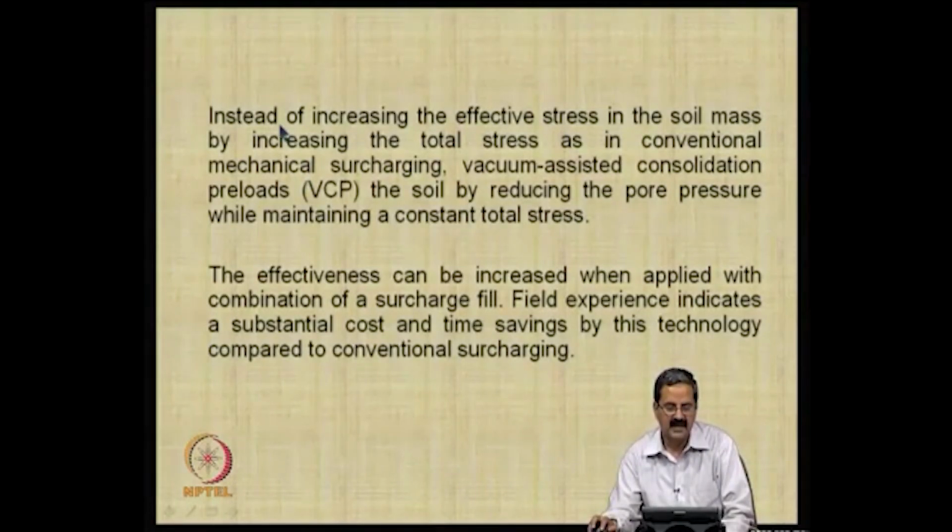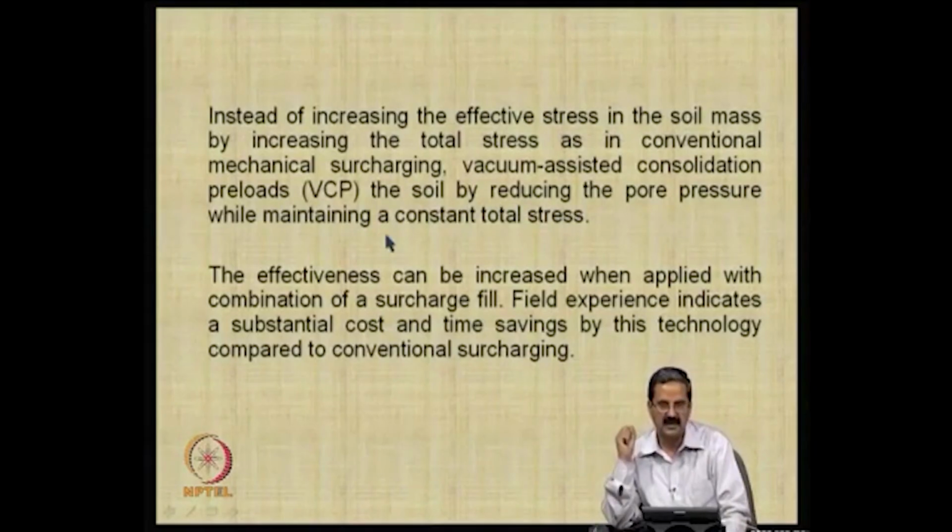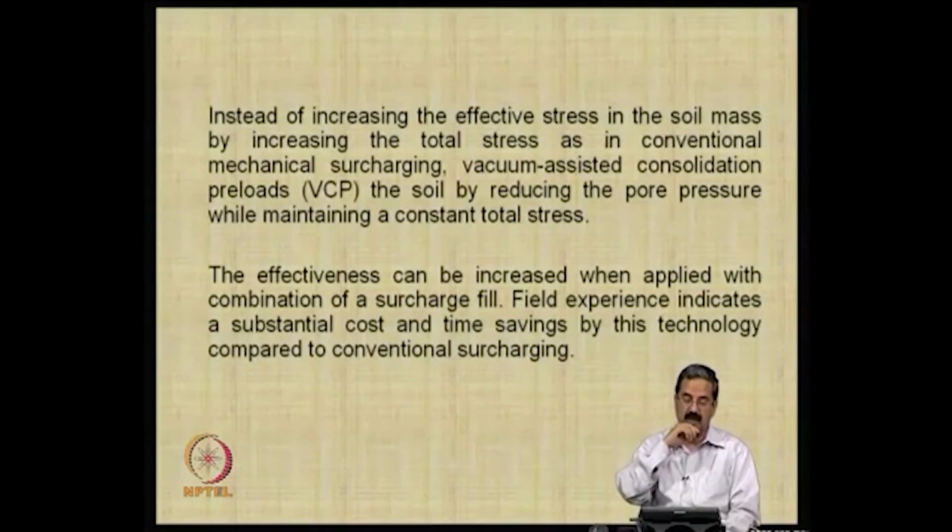Instead of increasing the effective stress in the soil mass by increasing the total stress, where you keep on loading and allowing it to consolidate, here in vacuum assisted consolidation preloading the pore pressure is reduced while the total stress remains constant.